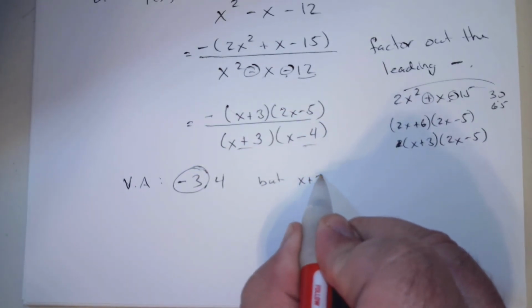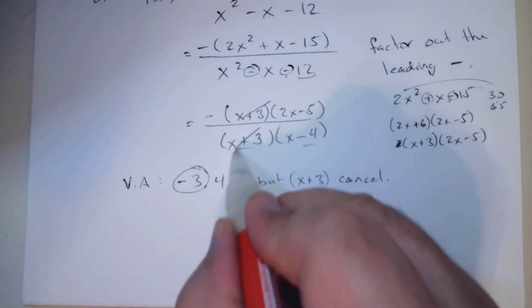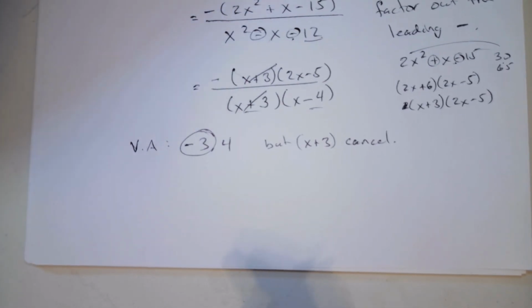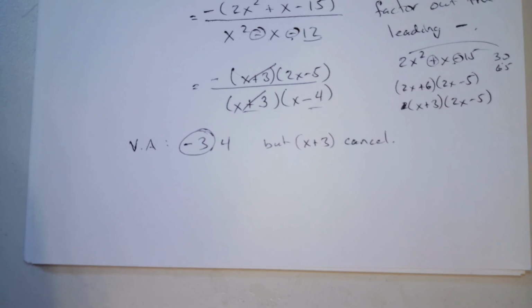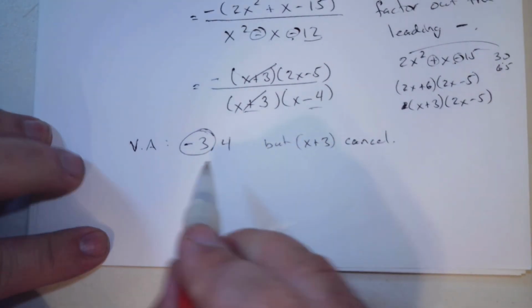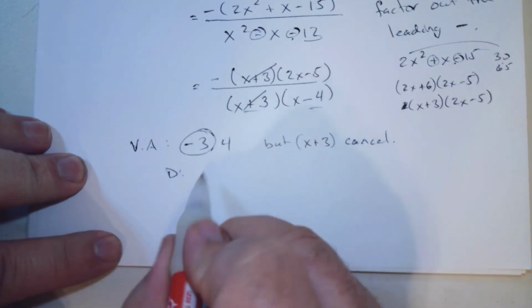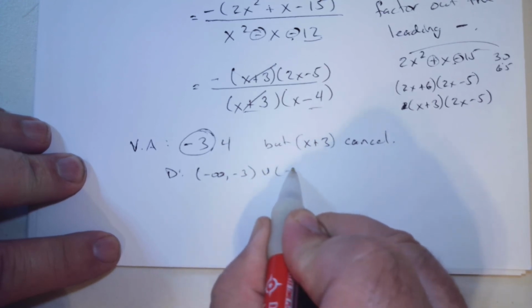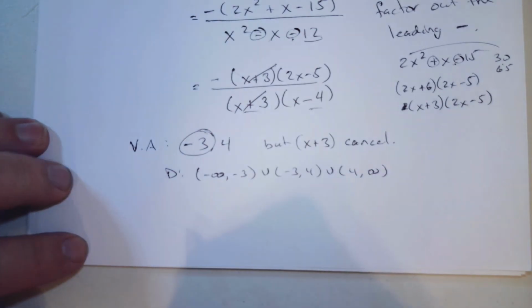But x plus 3 cancels. So our domain of this one is from negative infinity to negative 3, negative 3 to 4, 4 to infinity.